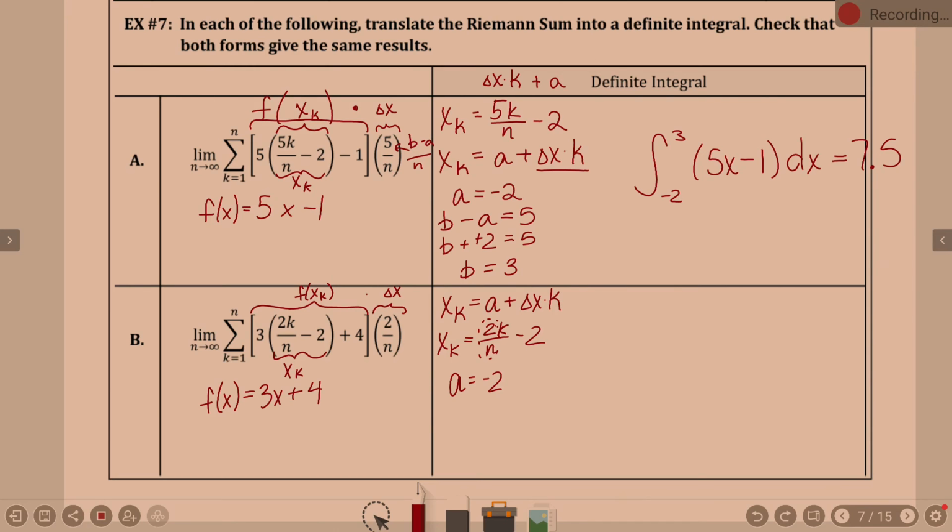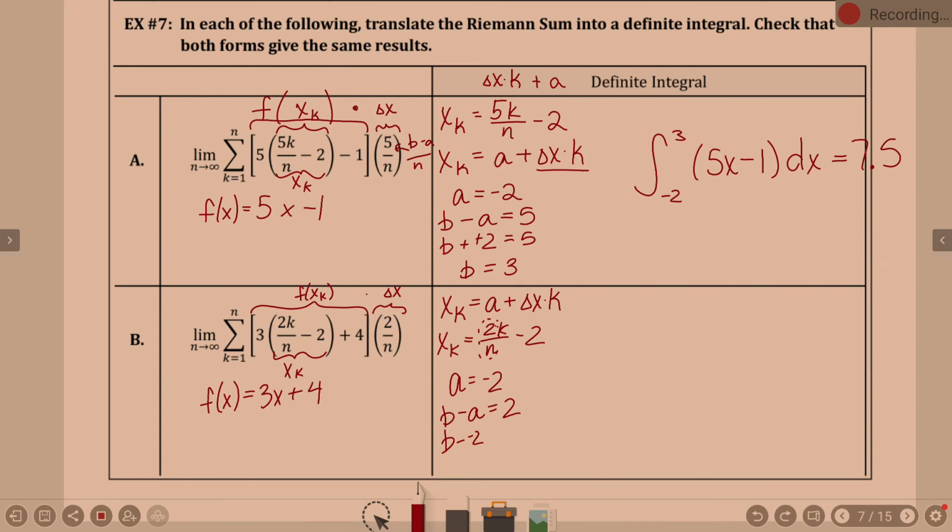Okay. What's b? What'd you say it was, 2? Or 0? I thought I heard 2. I haven't obviously thought ahead, so 0. If a is negative 2, b minus a has to be the top of delta x. It's 2. So b minus negative 2.